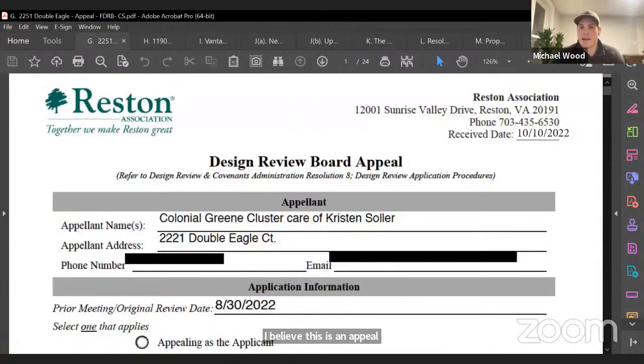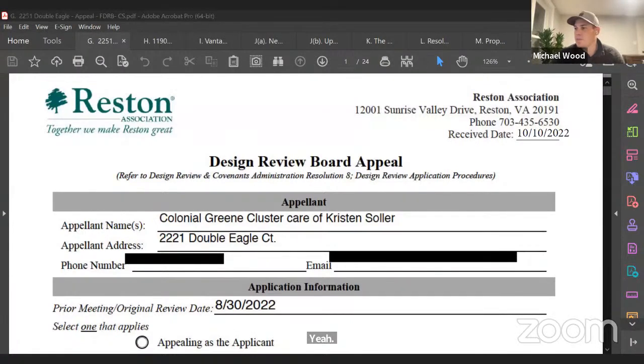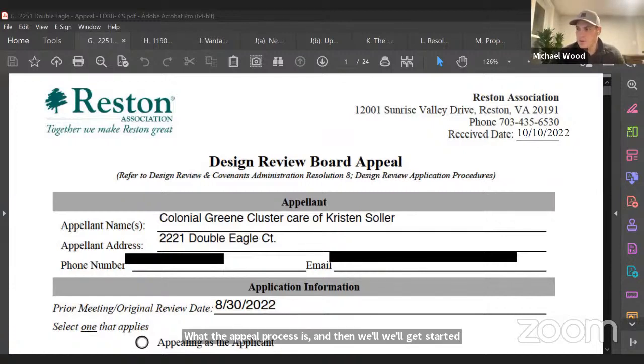So if we could get the appellant up. We have a couple appeals tonight, so I just want to walk through what the appeal process is, and then we'll get started. For an appeal, the appellant needs to prove that there was a misapplied guideline or that there's new information that was not available during the original review of the application.